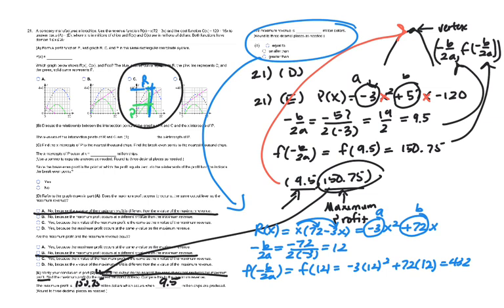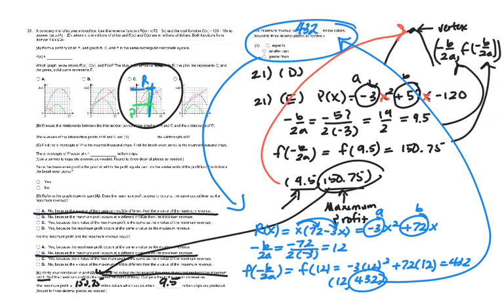That gives us our maximum revenue, because we always go with the y coordinate for the maximum value. So our maximum revenue is $432.